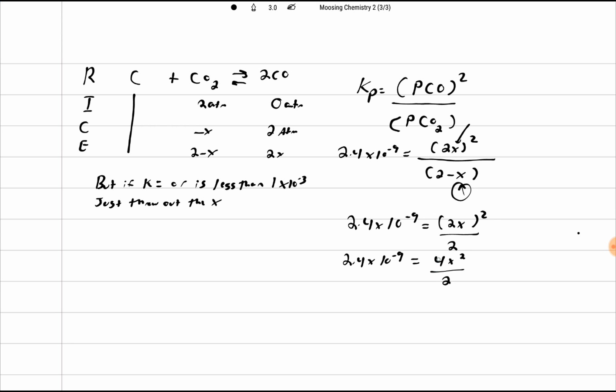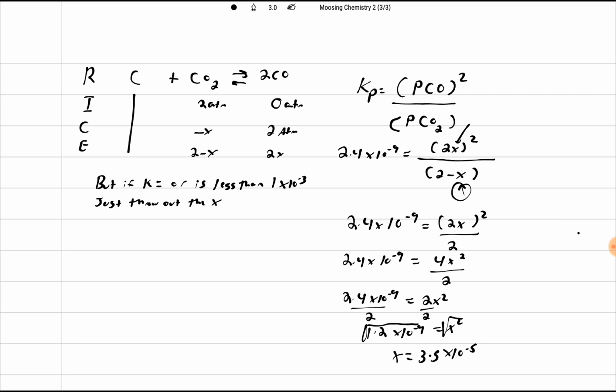Well, the 2 and the 4 will divide down, and this will give me 2.4 times 10 to the negative 9 equals 2x squared. So we'll divide this side by 2 and divide this by 2. And this will give me 1.2 times 10 to the negative 9 equals x squared. Then we take the square root of both sides, and this gives me x equals 3.5 times 10 to the negative 5th.